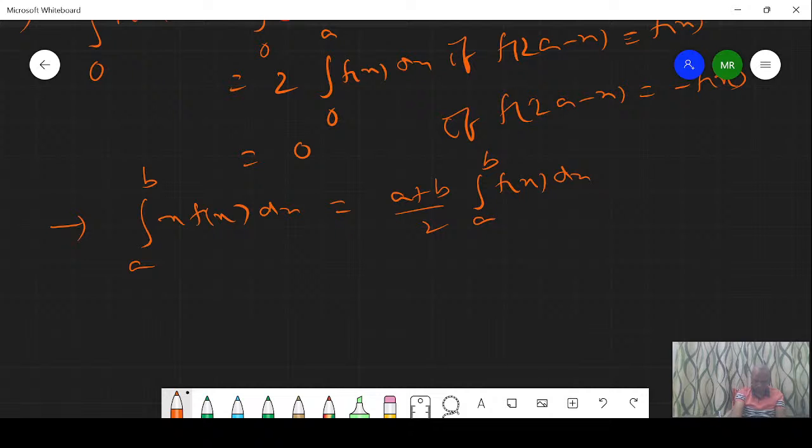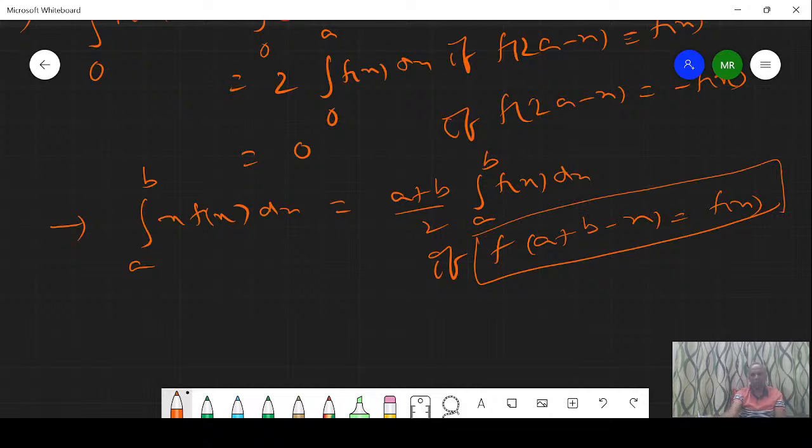When the condition is, if f of a plus b minus x equal to f of x, you should follow this. Whenever it happens f of a plus b minus x equal to f of x, then a to b x into f of x dx should be equal to a plus b by 2, a to b f of x dx. So just you can remember this.